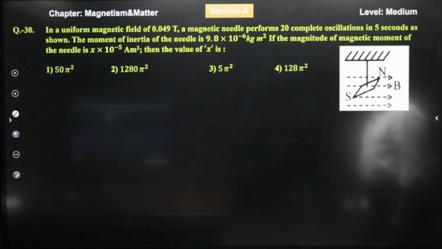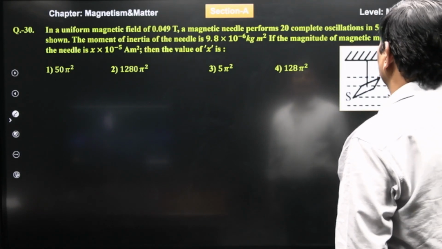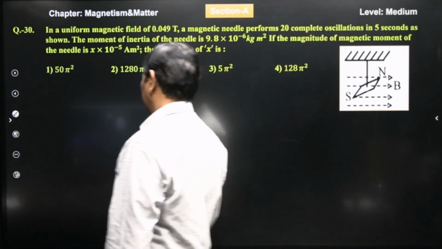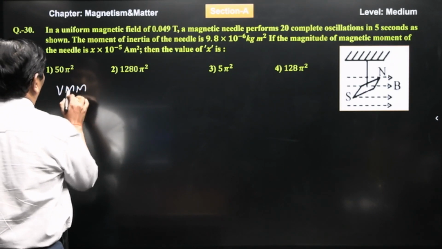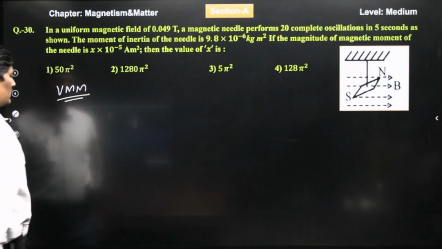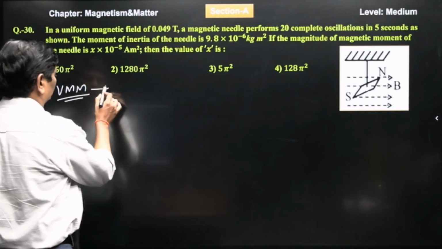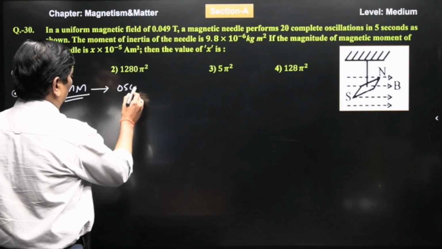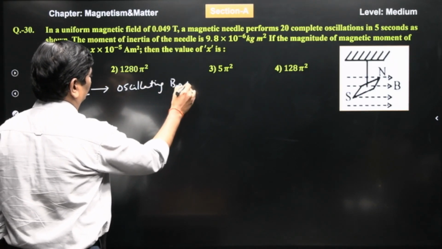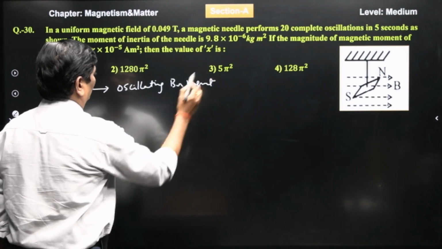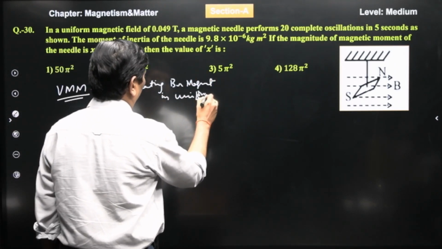Next question is taken from magnetism and matter, particularly the vibration magnetometer. The principle in the vibration magnetometer is an oscillating bar magnet in a uniform magnetic field.